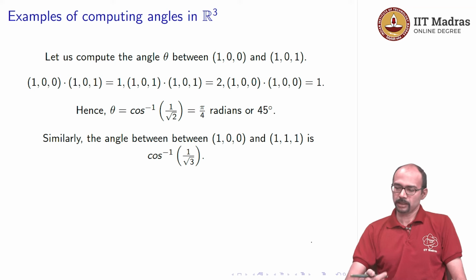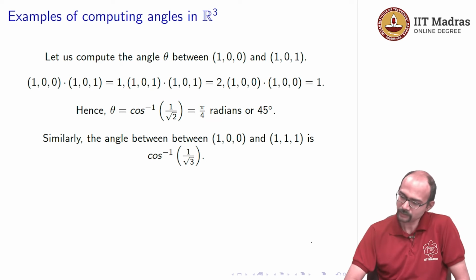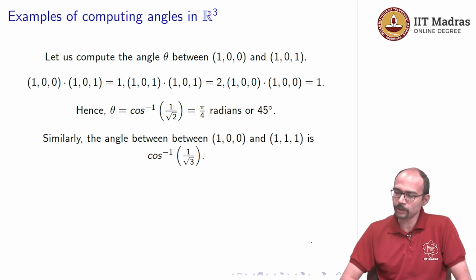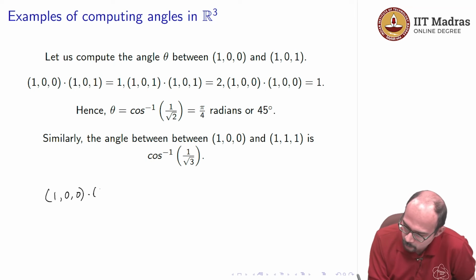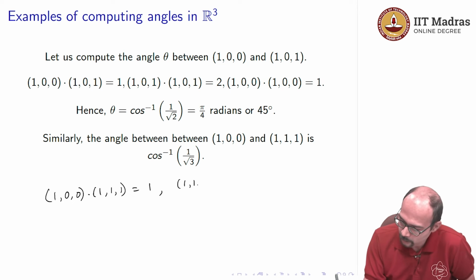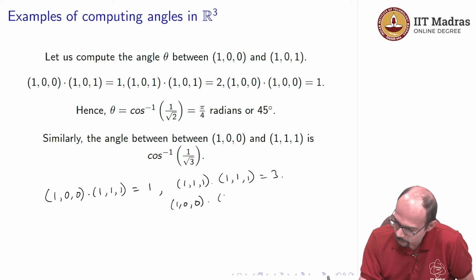Okay. So, let us look at this second example, the angle between 100 and 111. So, for 100 and 111, let us compute these numbers. 100 dot 111 is 1, 111 dot 111 is 3, which is what is giving that root 3, and 100 dot 100 is 1.